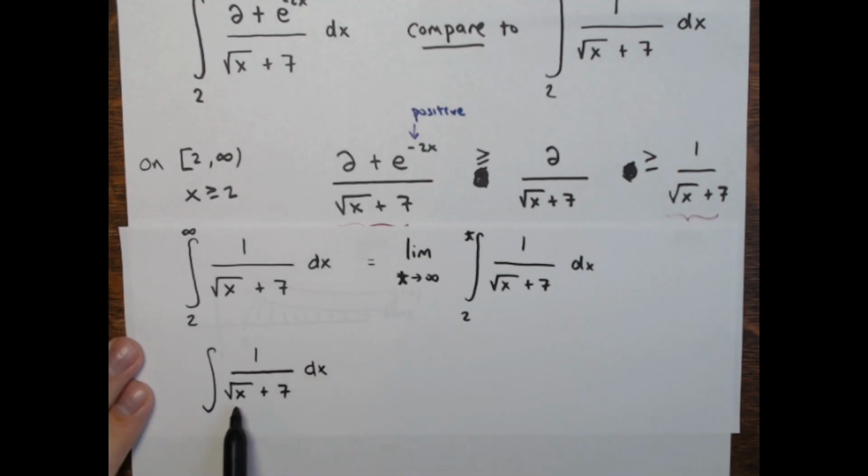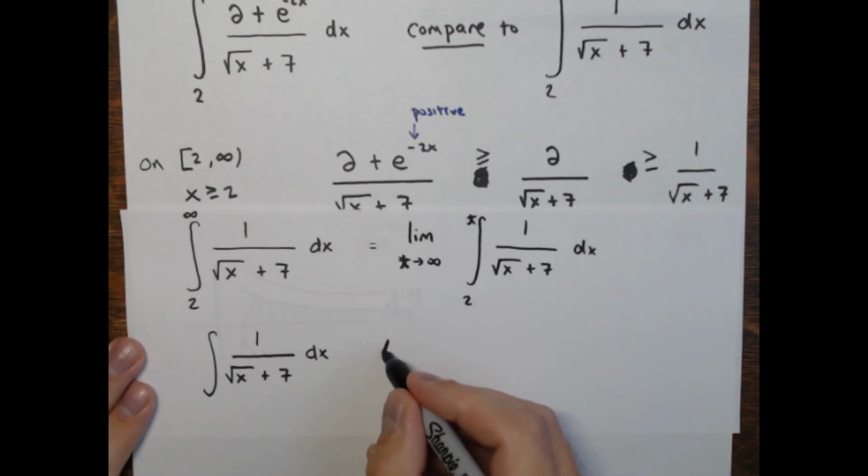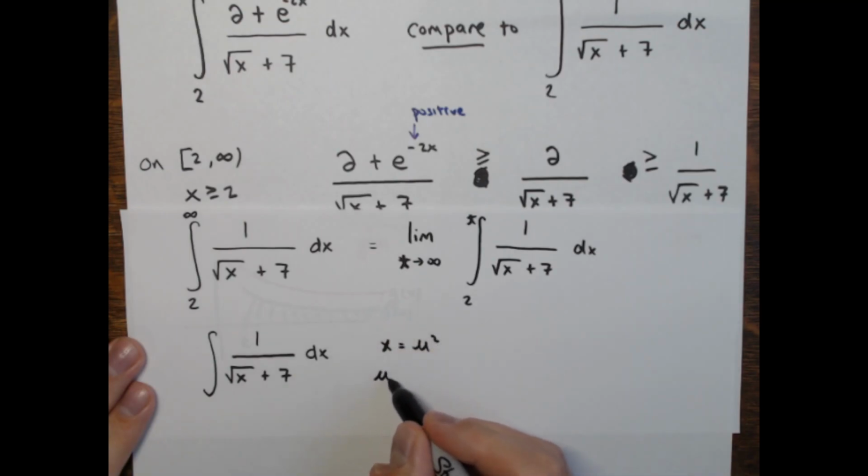Having this square root of x down here, not a big fan of that. So I'm going to replace x with u squared. In other words, I'm going to have u be the square root of x.